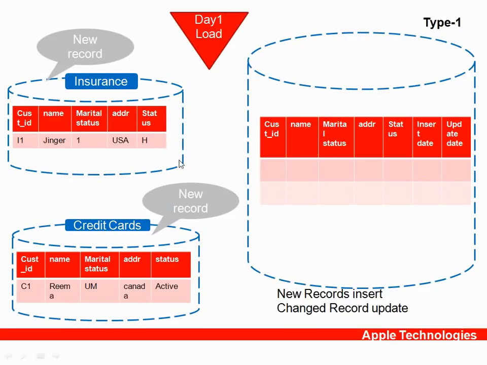If there is a change, who should identify whether it is a change or not? Your Informatica software. So you should write a program in Informatica to find out whether it is a new record or a changed record. Once you identify it, put that information into your target table.